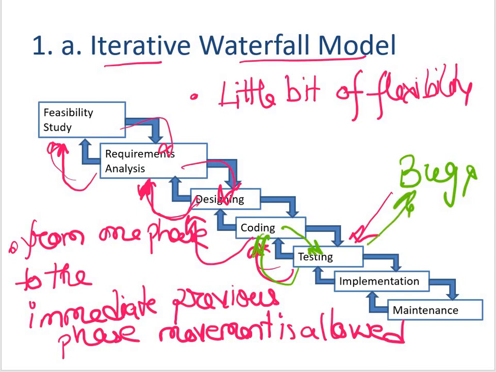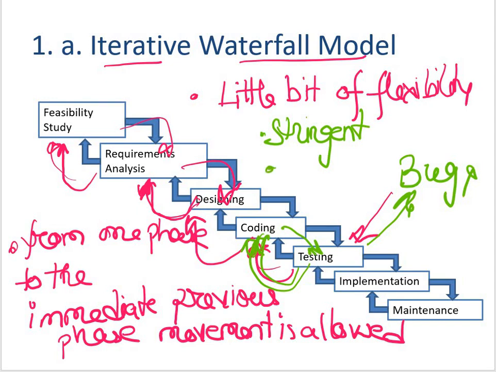Once again I've identified some bugs. Let's go back to the coding phase. This kind of movement is allowed, and it is very handy as far as development is concerned.